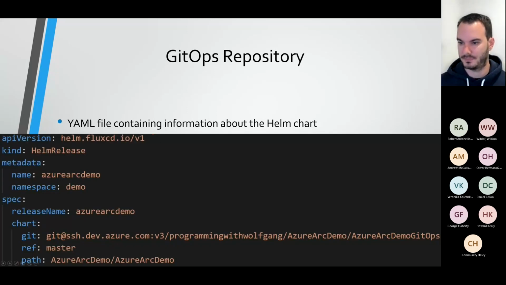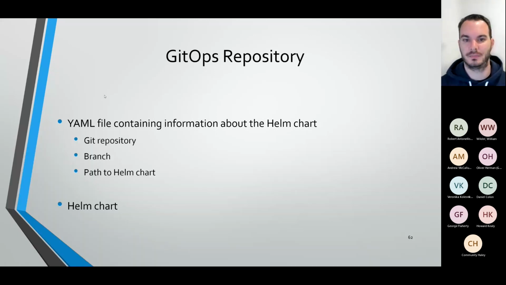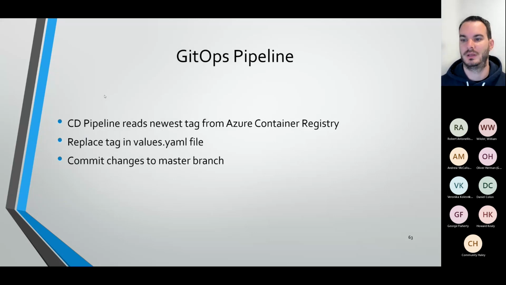You can see the file. You have here the Git repository of the Helm chart, what branch and the path. And the second folder inside this Git repository is the Helm chart itself. I can show you this in a couple of slides in the demo, so you can see how the repository actually looks like.